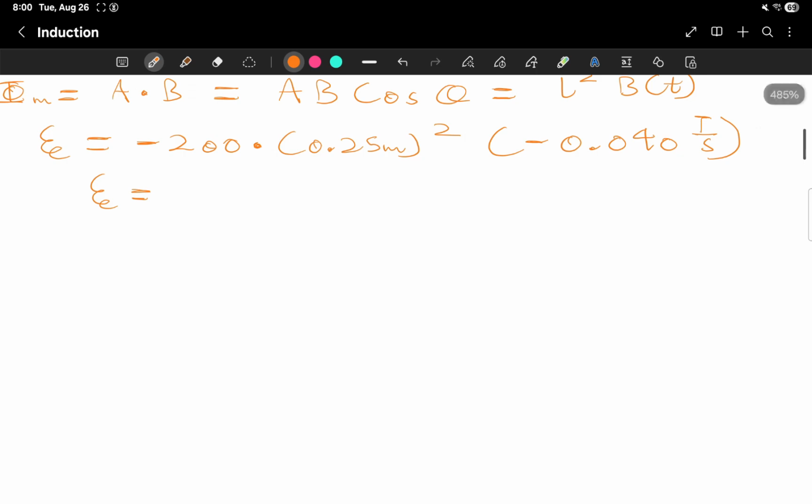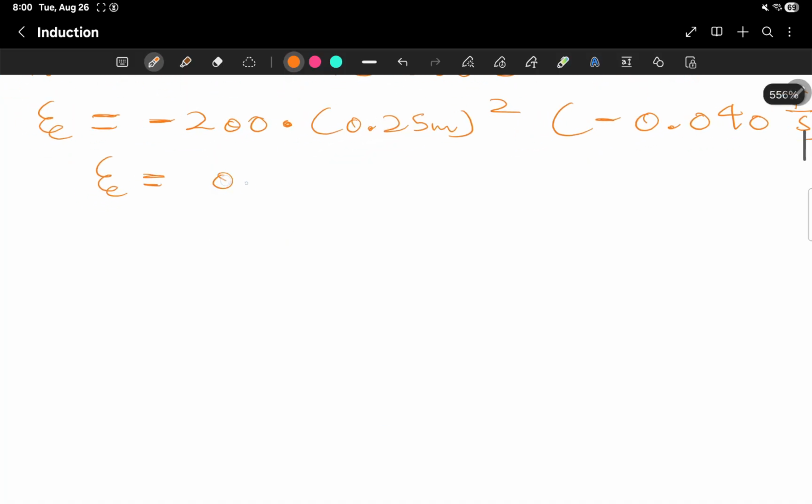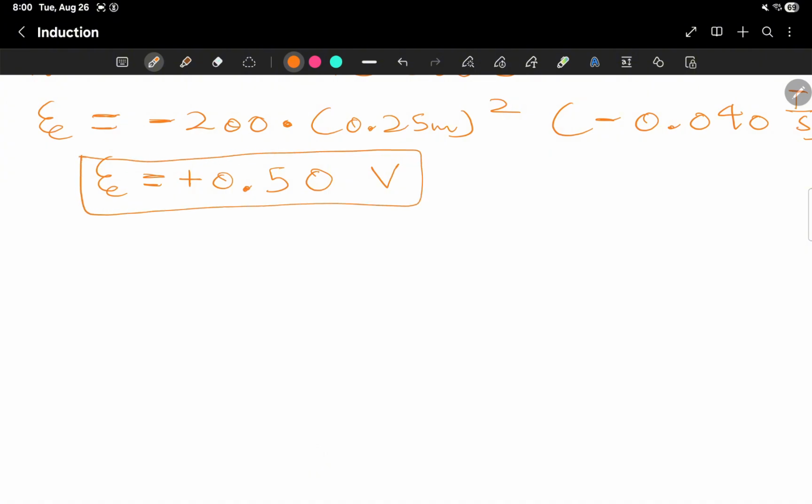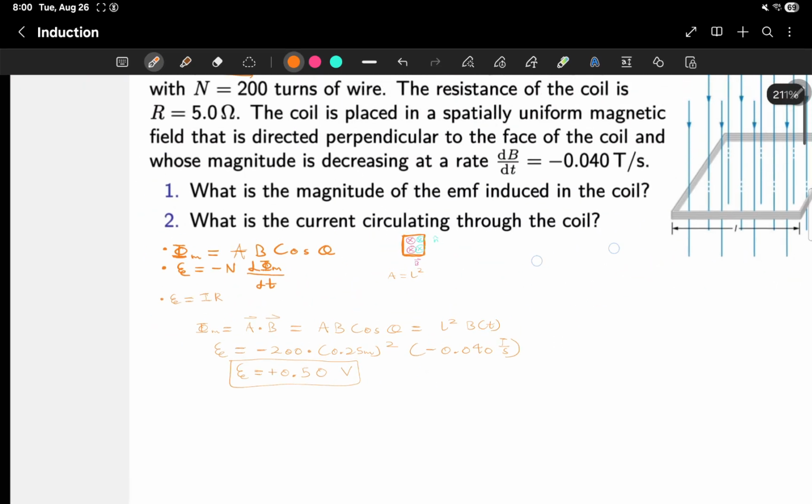So now I'll just plug this into my calculator, and hopefully we found the answer. That gives me 0.50 volts. And it's positive. So when I use Ohm's law, I'll get a positive value for the current.